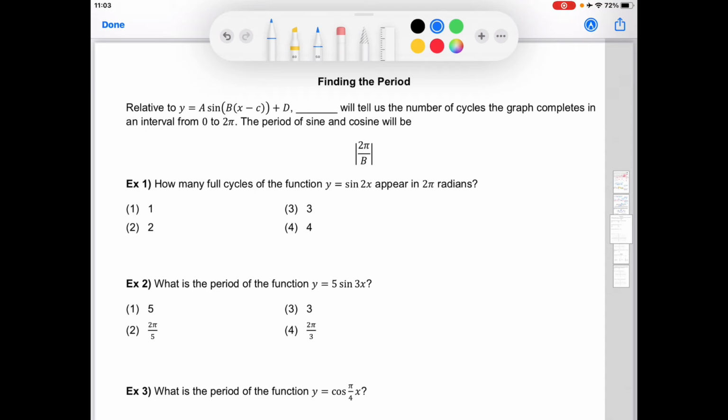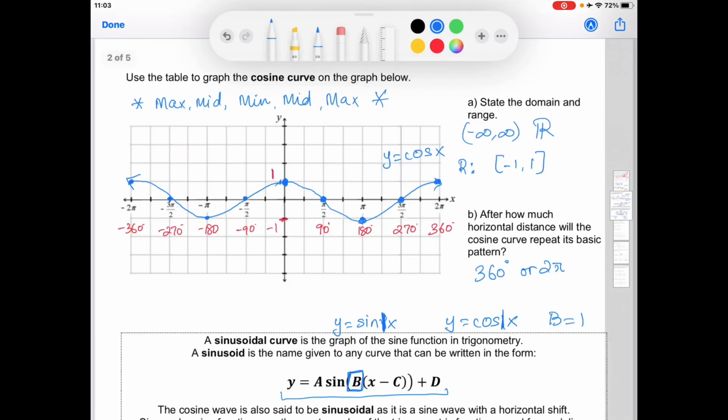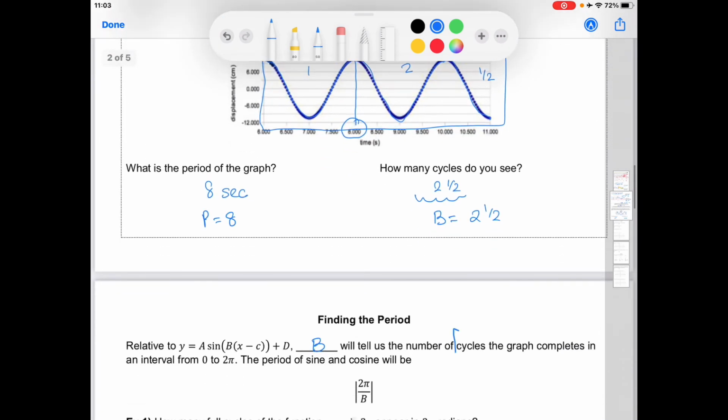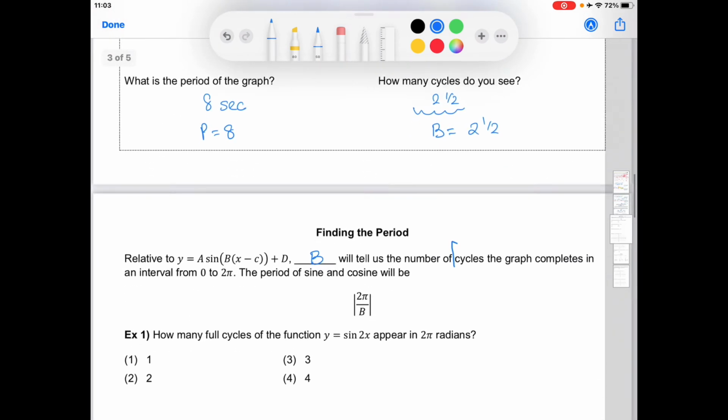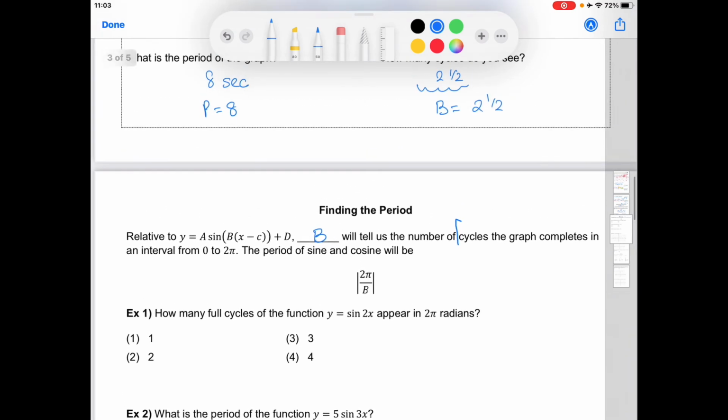So relative to y equals A sine B parentheses x minus C plus D, B will tell you the number of cycles. Isn't that what we said on the last page? How many cycles? 2.5. So didn't I say B is 2.5?